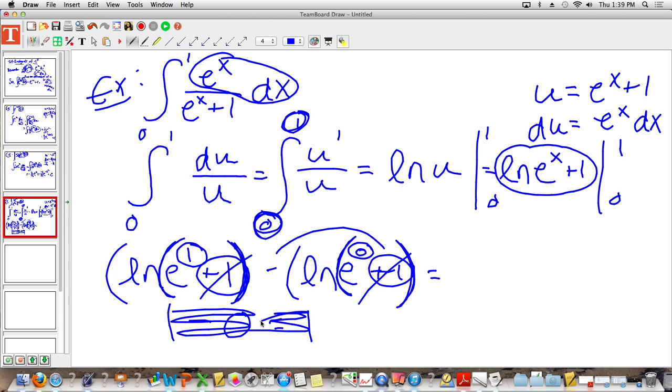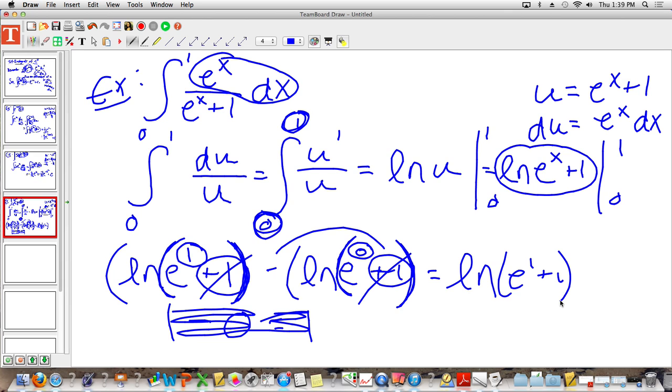Okay, this ends up being the ln of e to the first power plus 1, and you can't do anything to that. Remember e is a number, so you're going to have to get your calculators out now, and type in the natural log of e plus 1. Don't worry about putting e to the power of 1, because that is the same thing as just having an e.